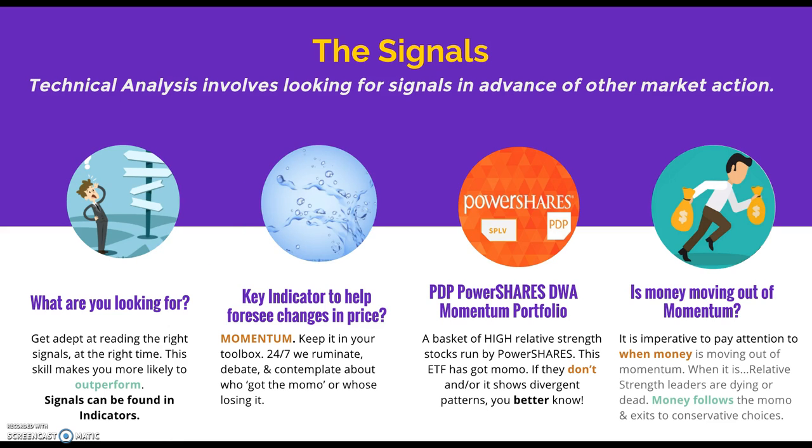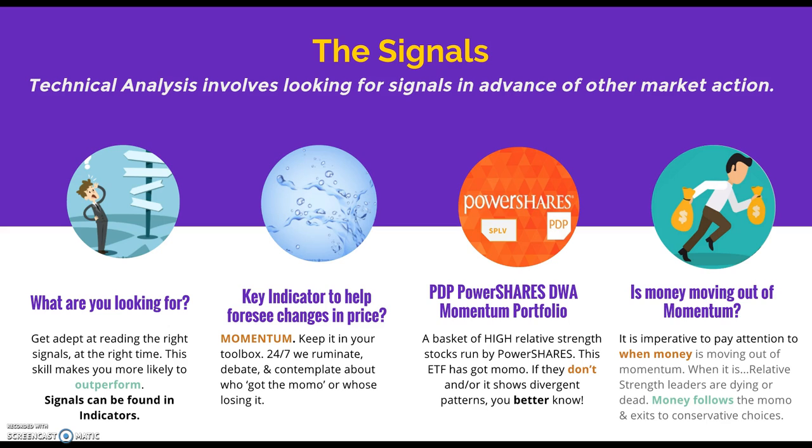You should always keep that in your toolbox, because 24/7 we ruminate, debate, and contemplate about who has got the Momo, who's losing it. And what I like to see is this PDP Powershares DWA momentum portfolio. Like we just talked about, it's the basket of high relative strength stocks, and it's run by Powershares. Now, this ETF has got Momo, all right?